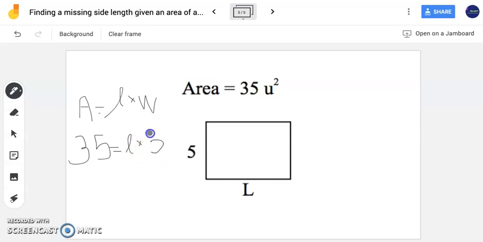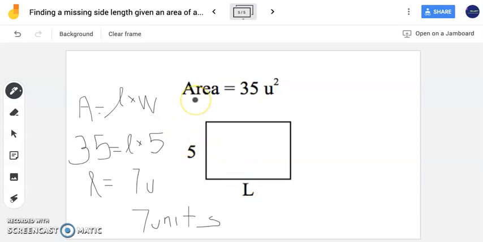So 5 times some number is going to give me 35. That number, known as my length, is going to be represented as 7 units, or you could say 7U, 7 units. All representations are fine. Now, if you did not know that 5 times 7 was 35, you could have also done 35 divided by 5 equals 7. And you can confirm this is correct because 5 times 7 is 35.